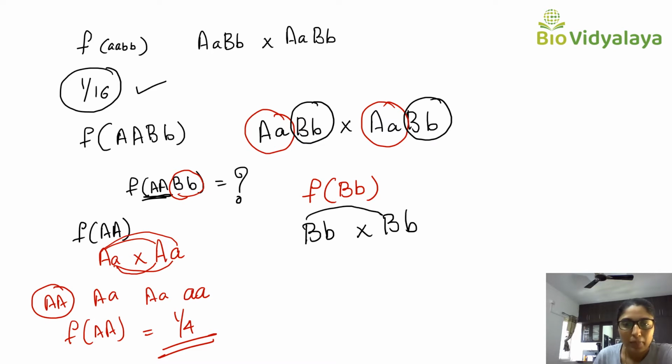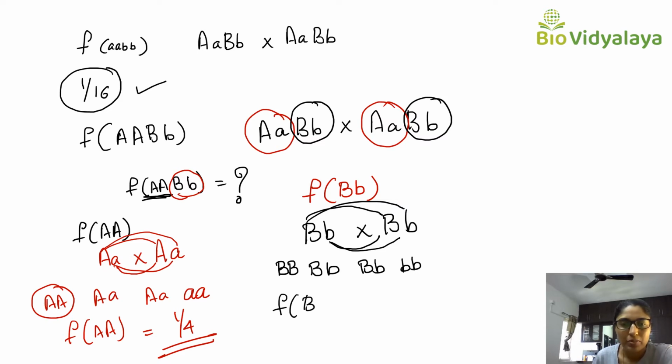So, capital B, capital B, capital B, small b, capital B, small b and small b, small b. These are the gametes. Among these, what is the frequency of capital B, small b? 1, 2. 2 among 4, that is 2 by 4. That means 1 by 2.